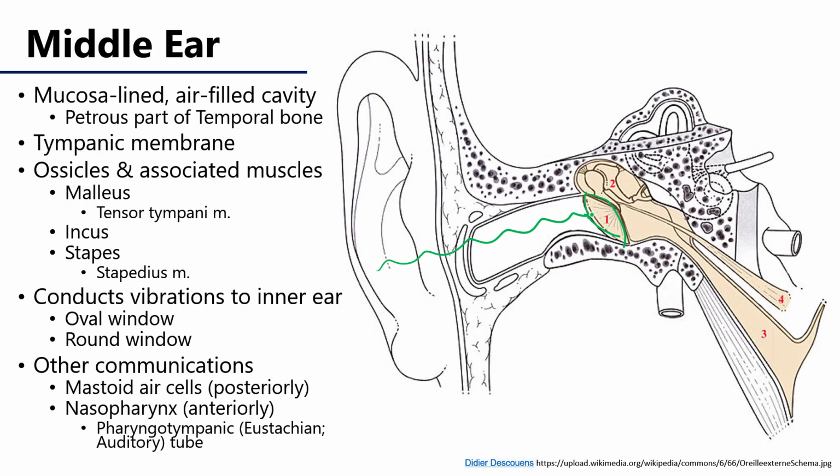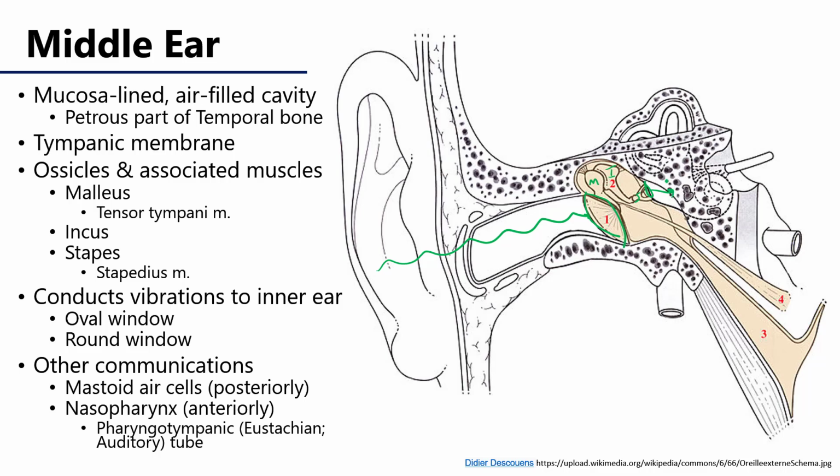And there are 3 ossicles. There is a malleus, an incus, and a stapes. So these are 3 tiny little bones which are able to transmit those vibrations from the tympanic membrane all the way to the oval window, which is going to conduct it to the inner ear.